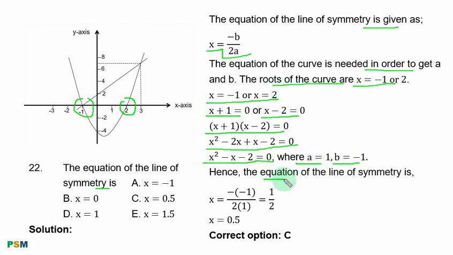Hence, the equation of the line of symmetry is s equal to minus times minus 1, the value of b, over 2 times 1. That is 1 over 2. S is equal to 0.5. The correct option is C.